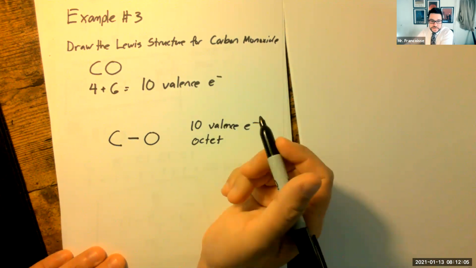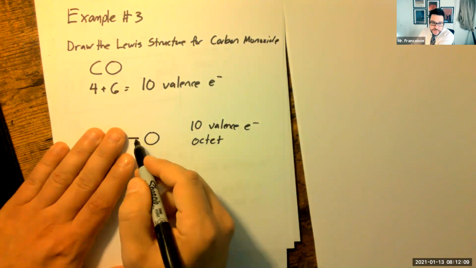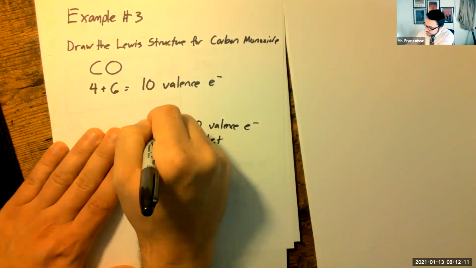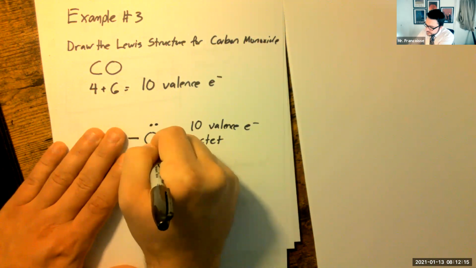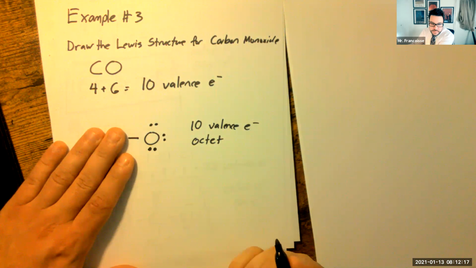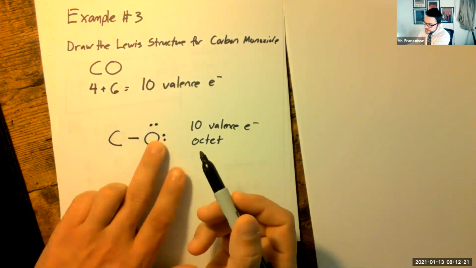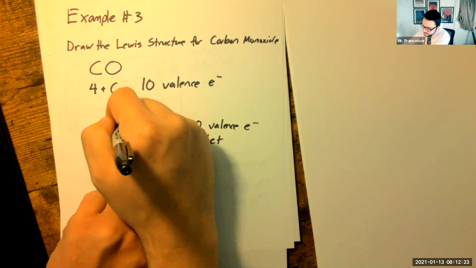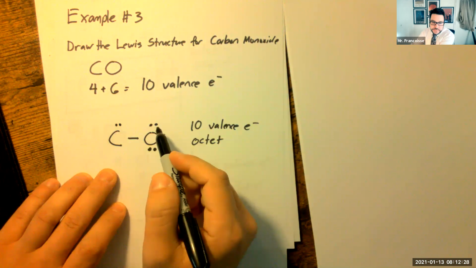So let's do the same process we did before, right? We want 8 for each atom. So we have 2, 4, 6, 8. And on this side, we want to add 2, 4. But before we do that, let's count the total number of electrons, right?